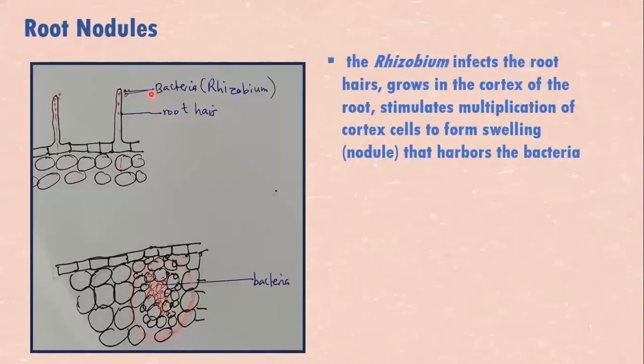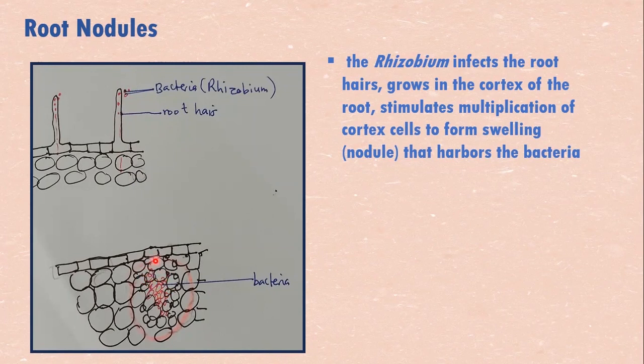The bacteria in the soil, rhizobium, penetrates the root hairs. And this is just a small illustration. It goes into the cortex, and then it causes the cortical cells, all right, to produce a lot of cells. It sort of generates them to multiply the cells very rapidly. And then the bacteria will be in there, also increasing in numbers, and very soon a nodule, that lump we saw, will be formed.